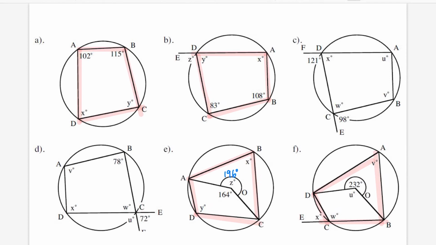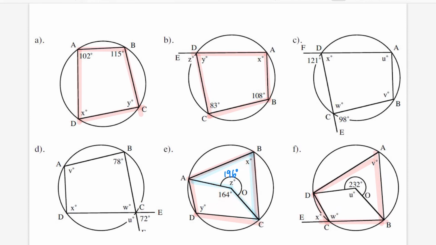And then we can find X. And we can see here that we've also got an arrow shape. So we have the arrow theorem that we've already looked at. And the arrow theorem tells us that this angle here is double this angle here.